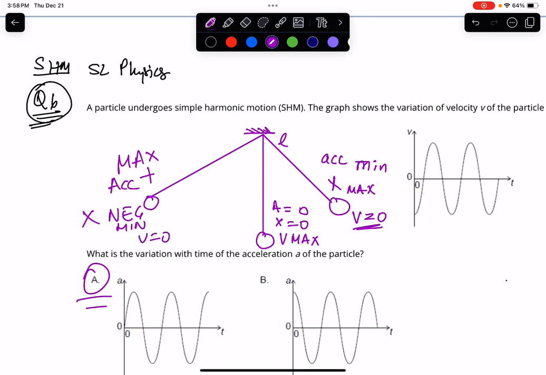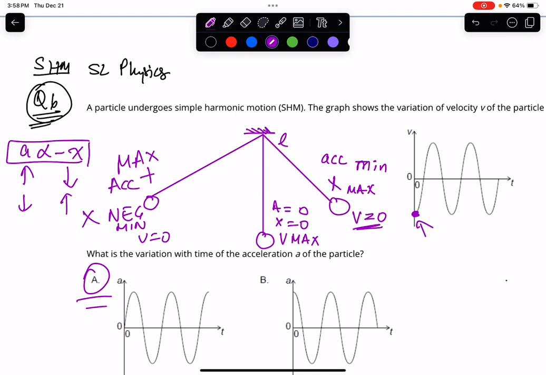Okay? And you just have to know that acceleration is proportional to negative x. This is a condition of simple harmonic motion. So if acceleration is high, displacement is low. If acceleration is low, displacement is high. Now, what we're being shown for the velocity time graph is the minimum velocity.